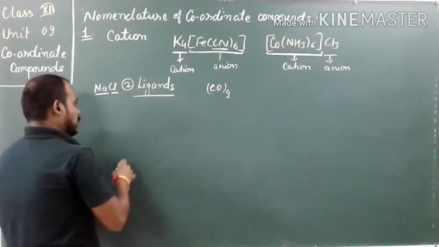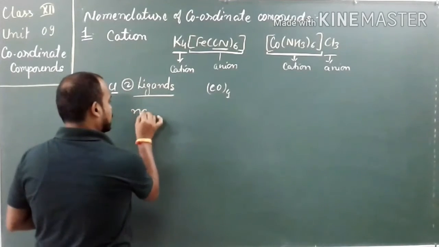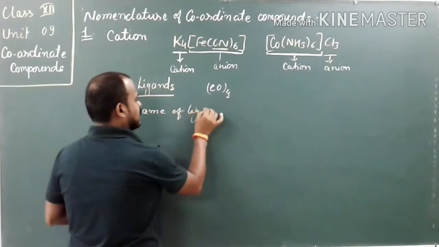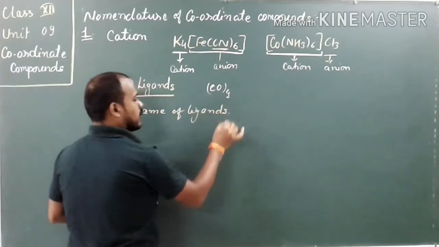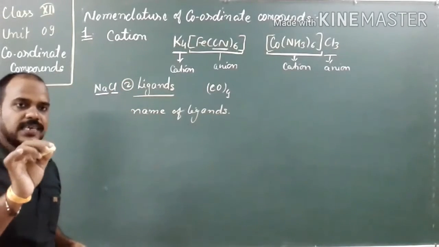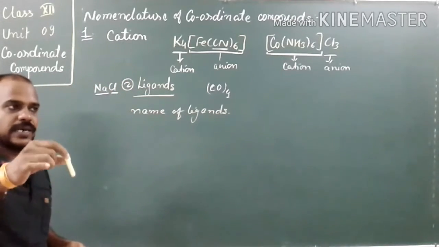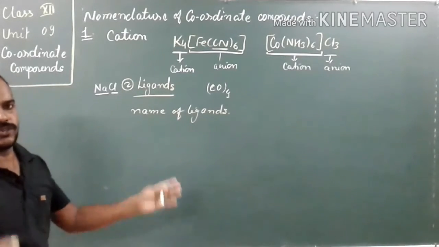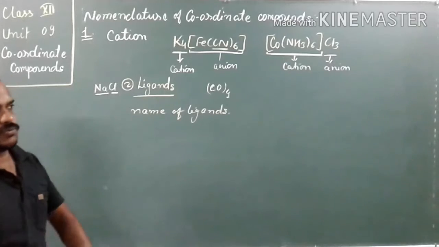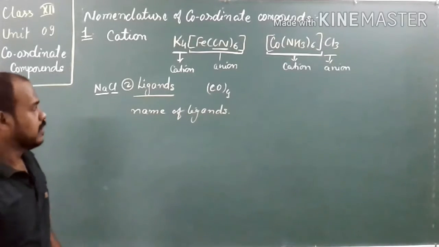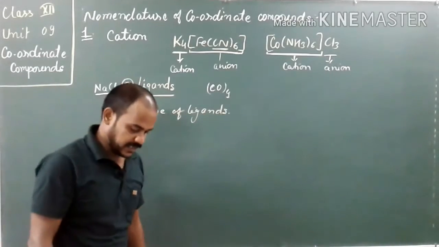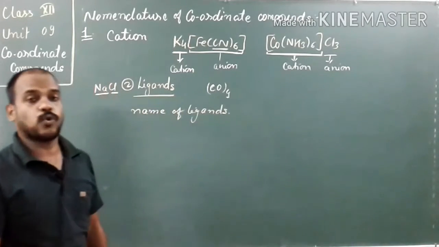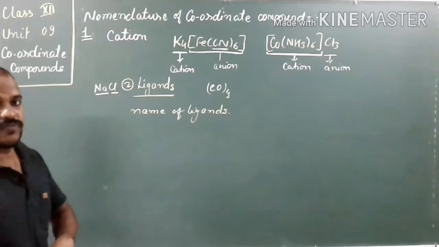But when we write the name of ligands, what do we have to do? First we will see whether the ligand is negatively charged or neutral. If it is neutral, there is no need to change the name of that ligand. But if it is negatively charged, meaning it is an anion, then we will write the suffix O after the name of the ligand.